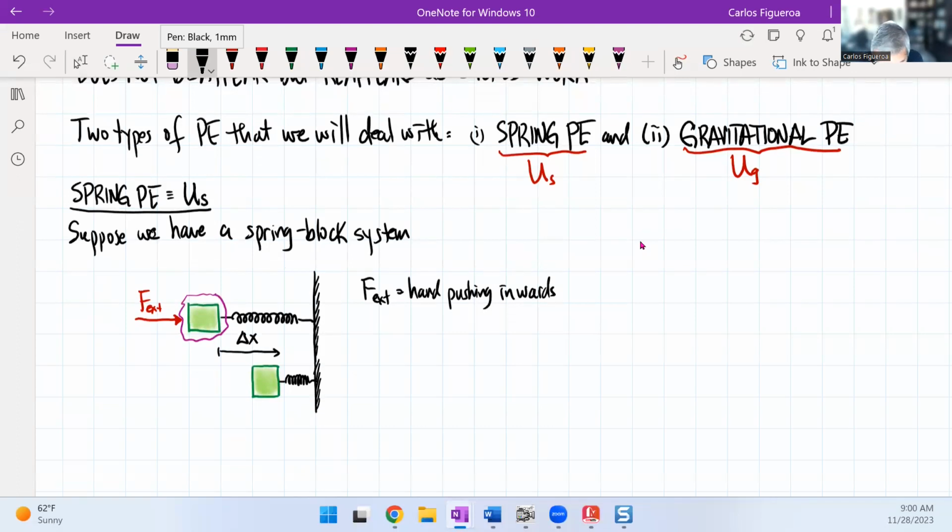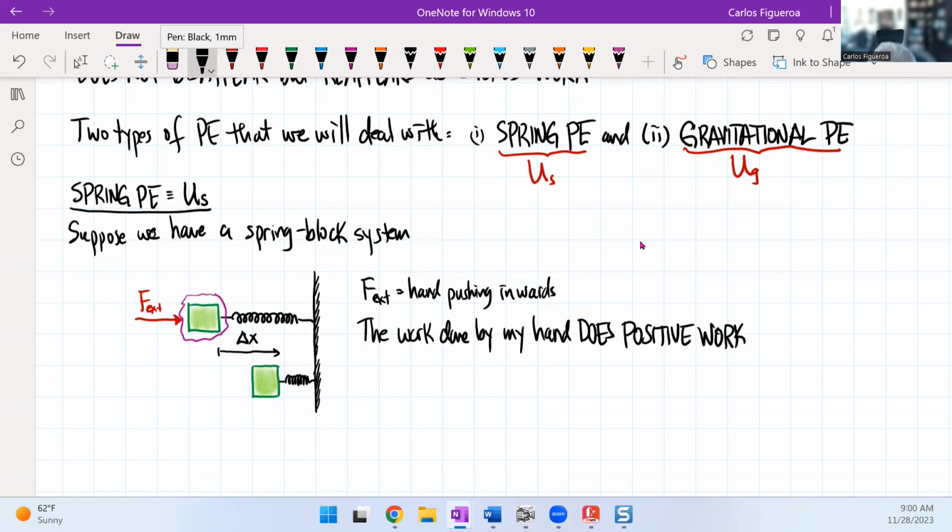So now let's look at this. The work done by my hand does positive work. The reason why it does positive work is because we can see here that my external force is in this direction, and my displacement is also in that direction too.